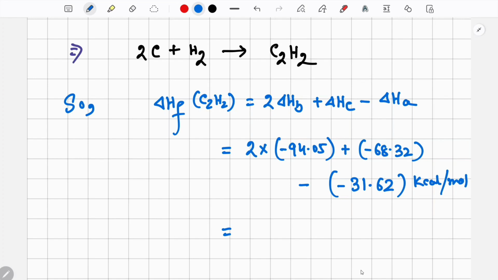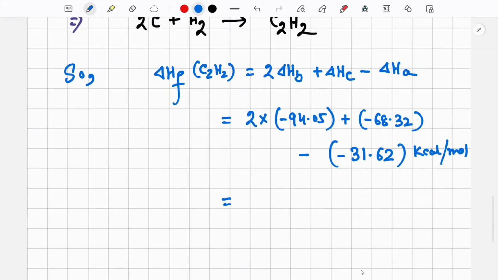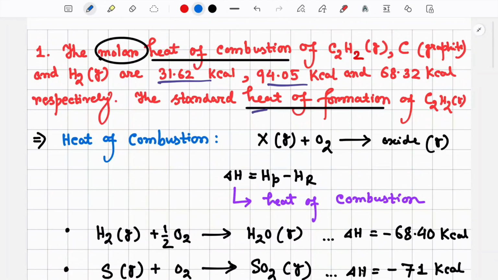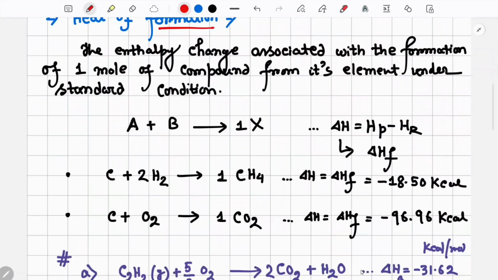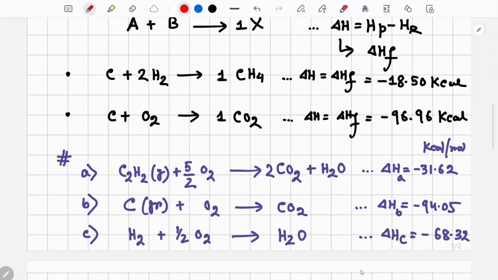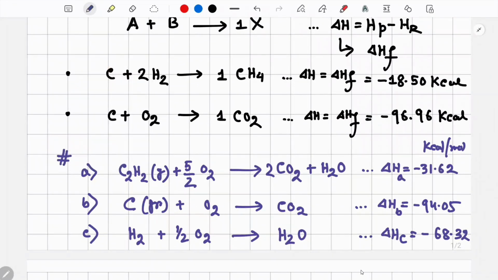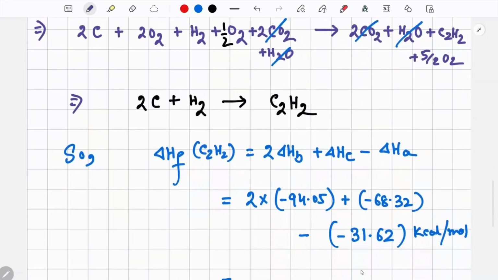Minus 224.8. So it is, okay, 1 minute. It is actually 10. I missed. Sorry. Now calculate.